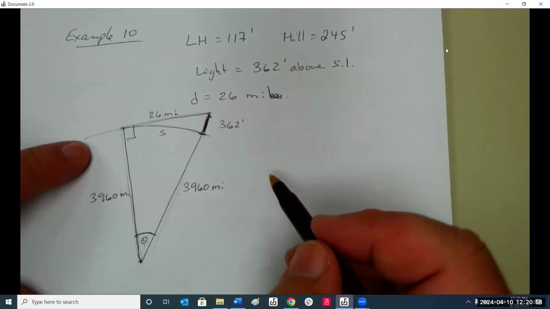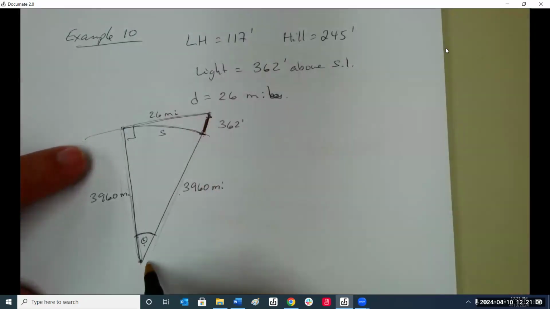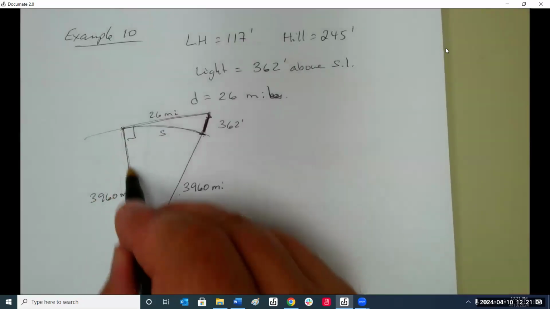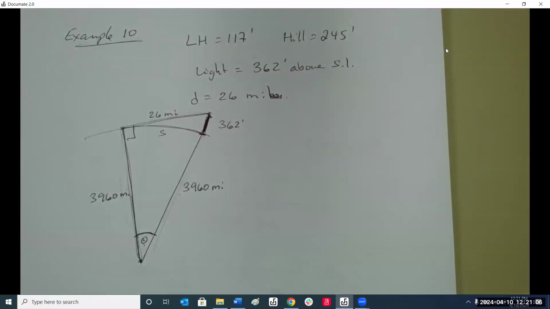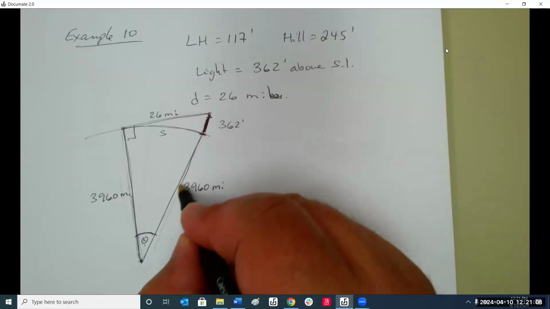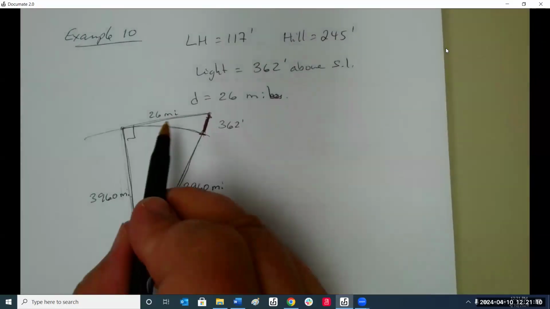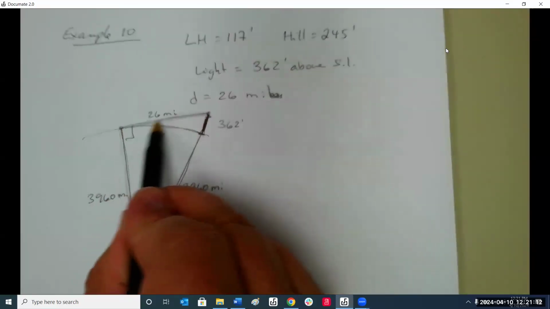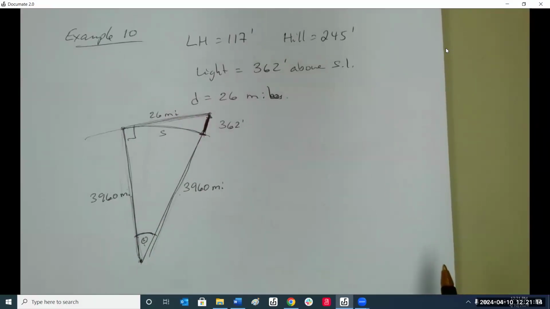If you think about it, if we take the cosine, because we're asked to verify this, the cosine would take the adjacent and the hypotenuse, which would be this whole distance here. And we were going to verify if this is a true number.